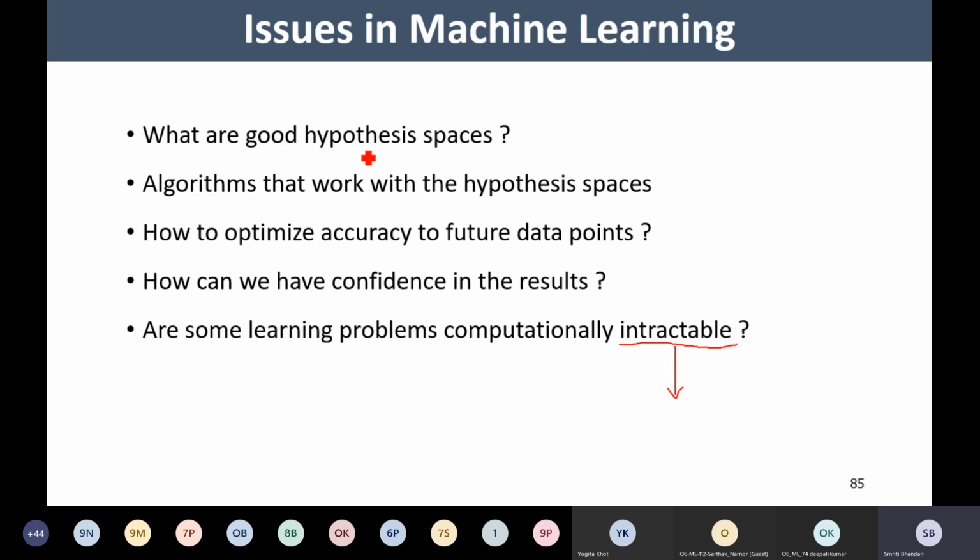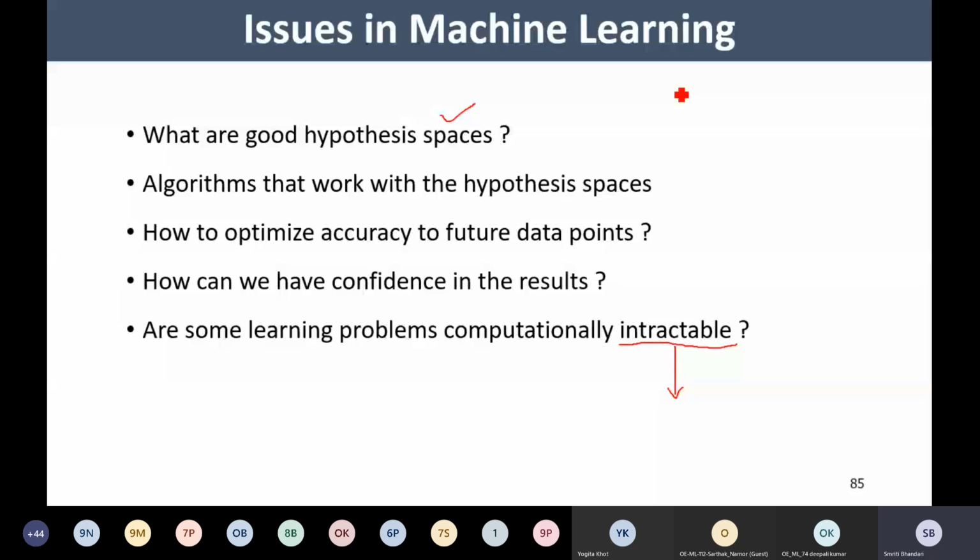If I have decided to come up with non-linear functions, or some polynomial functions, whatever it may be, that is the decision with respect to the hypothesis space.